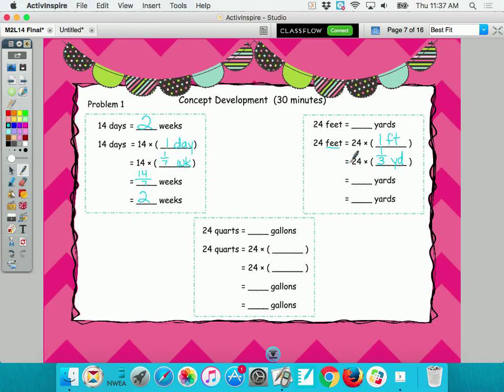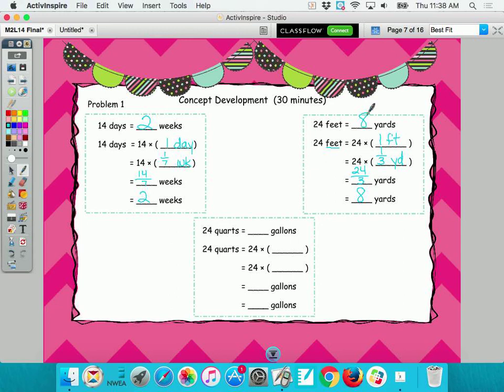So then 24 copies of 1/3 is 24 what? 24 thirds. And 24 divided by 3 equals 8, so 24 feet is 8 yards.